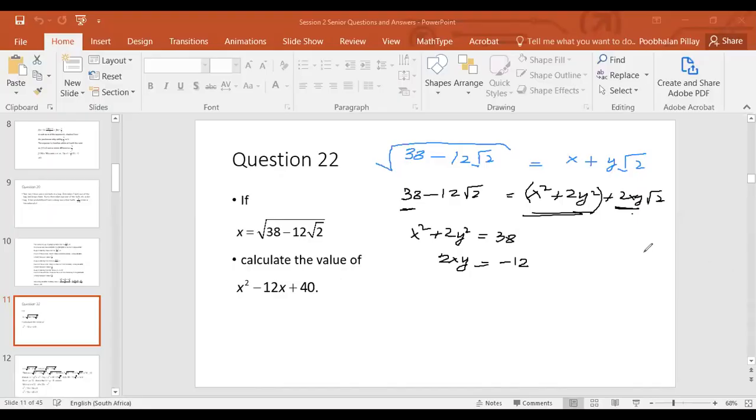Now this is an example of where it's hard to solve this problem because you got equations which are very unfamiliar and so on. So this is a good example of where you can actually try. Well, by the way, this means that xy is equal to negative 6.